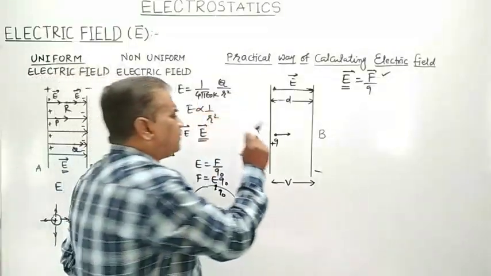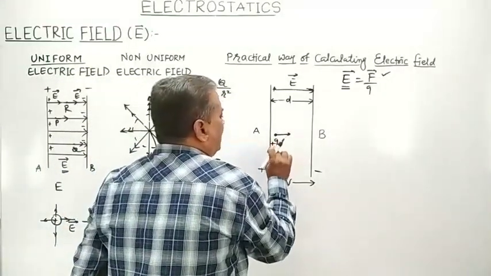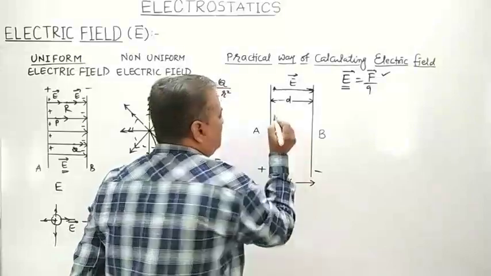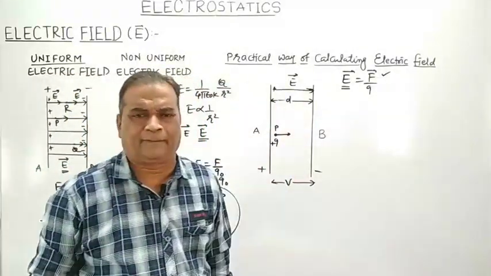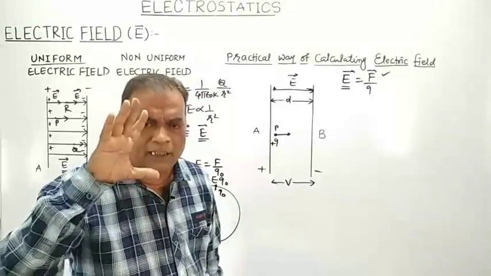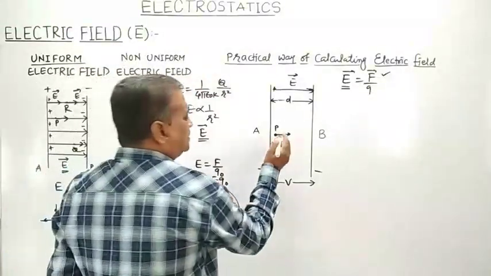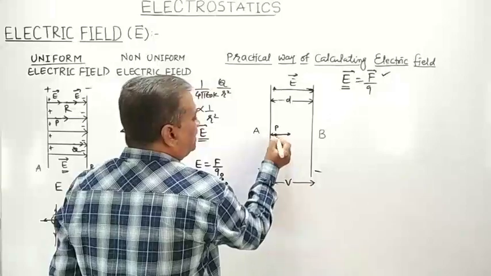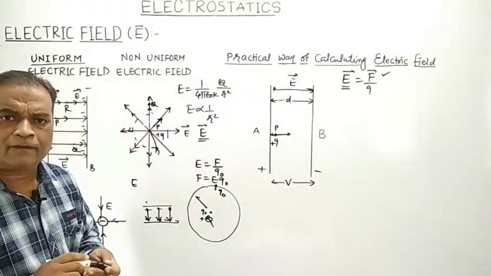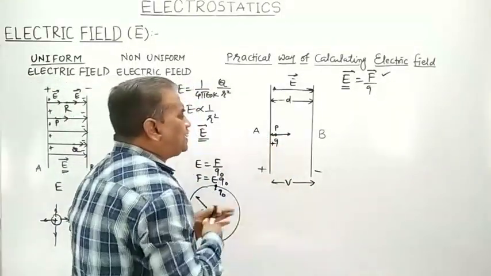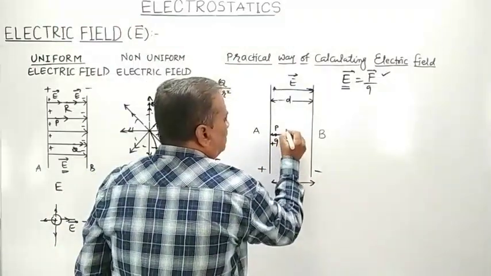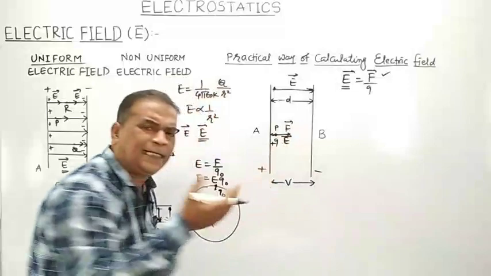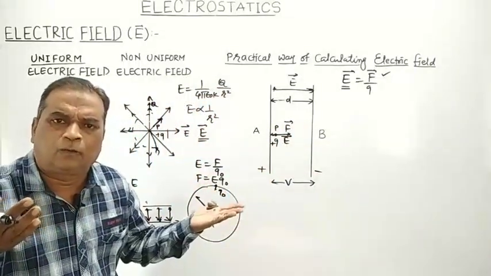Let us consider that we are having some charge Q. Let charge Q be kept at some point P. P is some point where that charge Q is situated. And if I want to move that charge towards plate A, that charge is acted upon by Coulomb force.